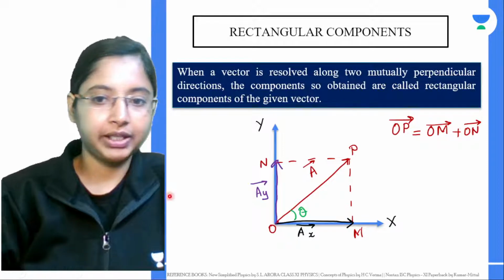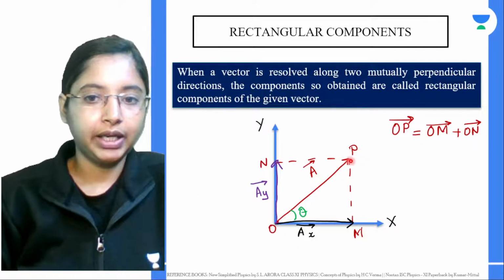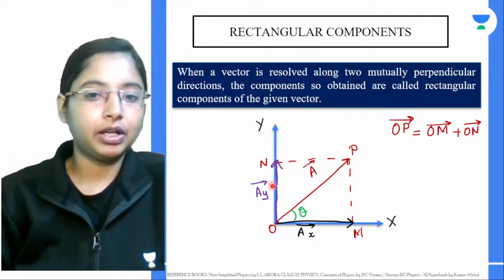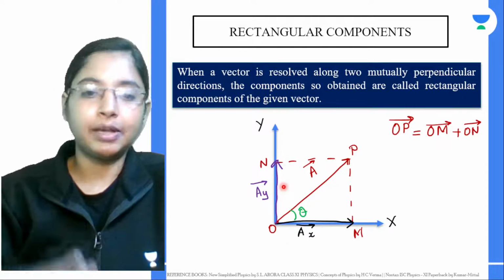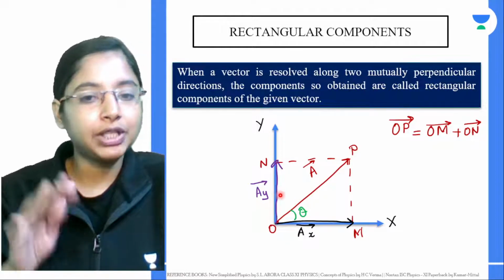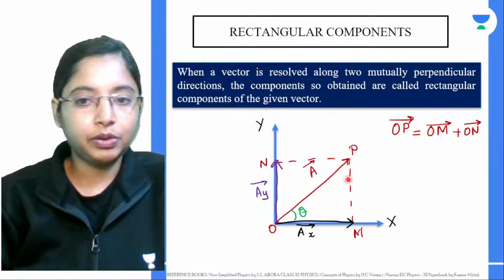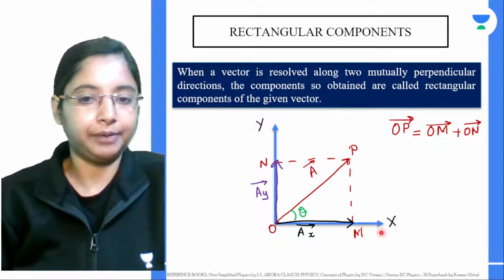Why can we say that the ON vector is equal to this side? Because of the parallelogram, and also vectors are associative as well as commutative, meaning whatever this length is, it is equal to this length over here, so I can just move this vector over here as well.